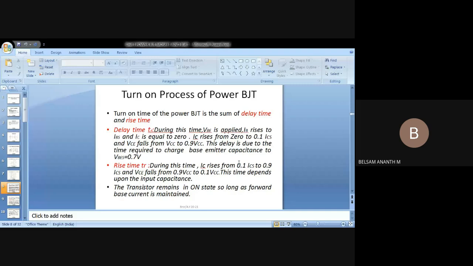Now we want to know about the turn on. The two things I told you: either I should be able to turn on my device or turn off my device. Normally for home appliances, we speak about two things: on and off. We are using switches only, one in the on position or another in the off position.